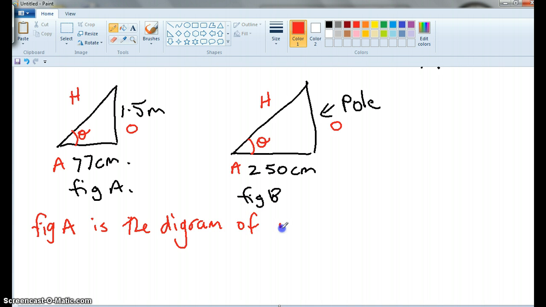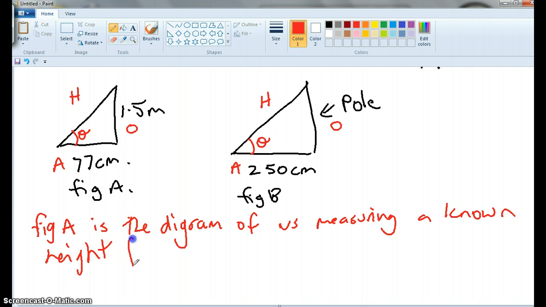Figure A is the diagram of us measuring a known height from the base of the pole.